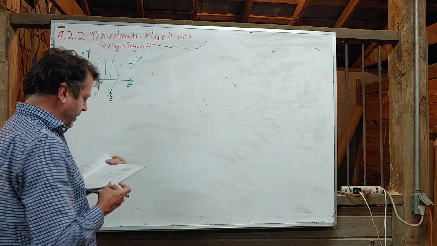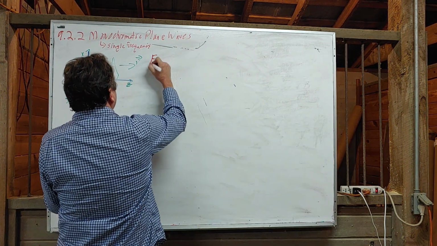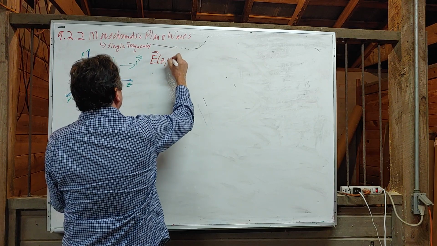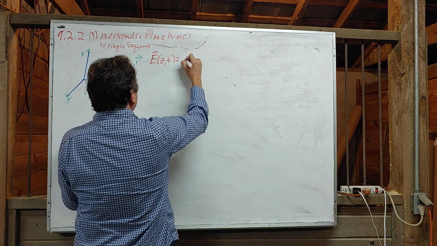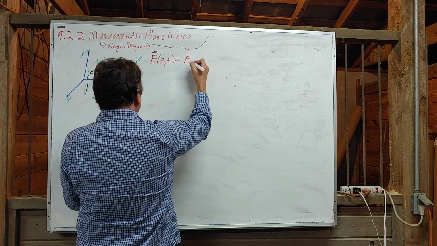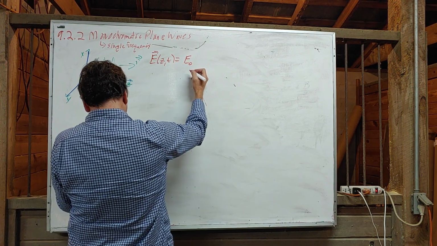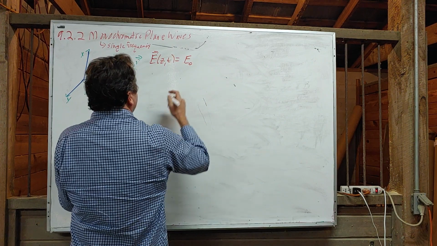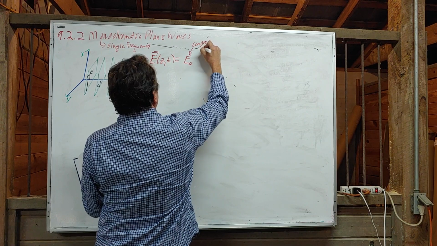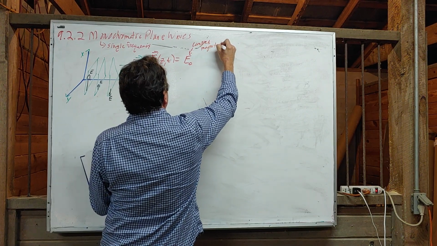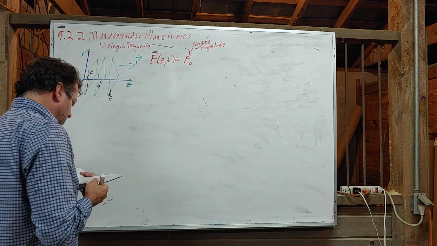So we can say the electric field, as a function of z and time, is going to be the magnitude, and this magnitude here is a complex magnitude.